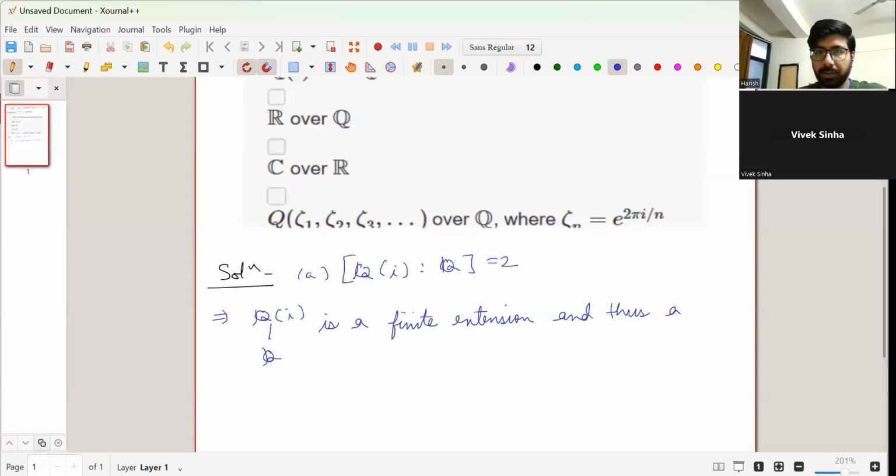That's a theorem that we have already seen. So the first one is an algebraic extension by using the finiteness of this extension.